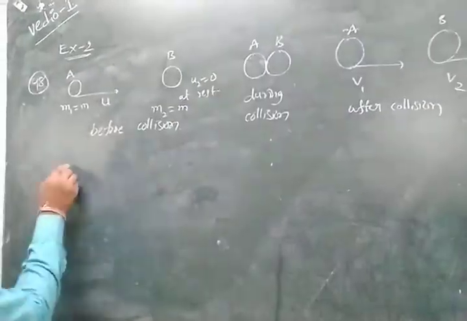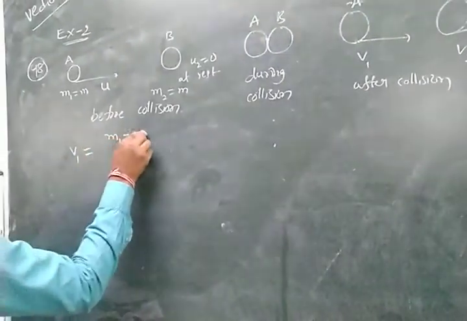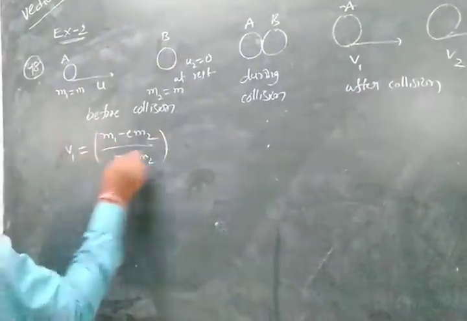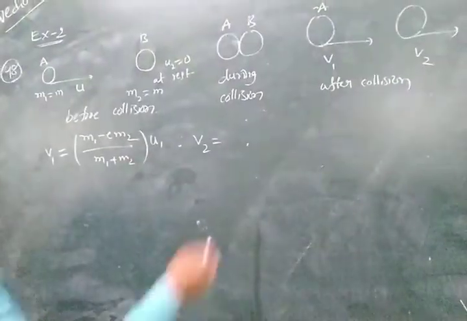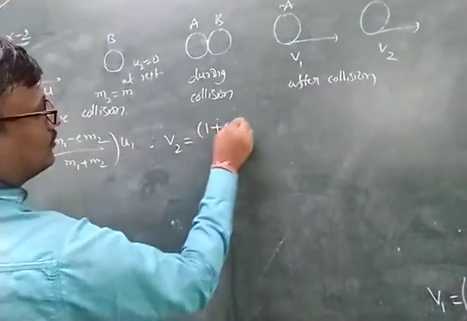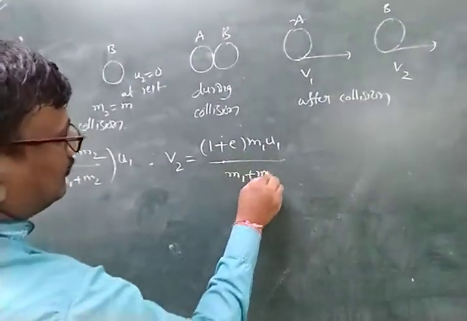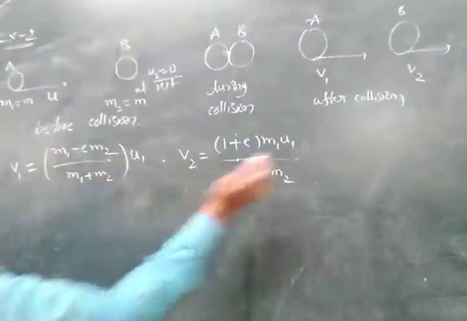Then substitute, we know the formula: V1 is equal to (m1 minus e m2) by (m1 plus m2) into u1. Similarly we can write V2 is equal to (1 plus e) into m1 u1 by (m1 plus m2), because here u2 is equal to 0, there is no u2 term.